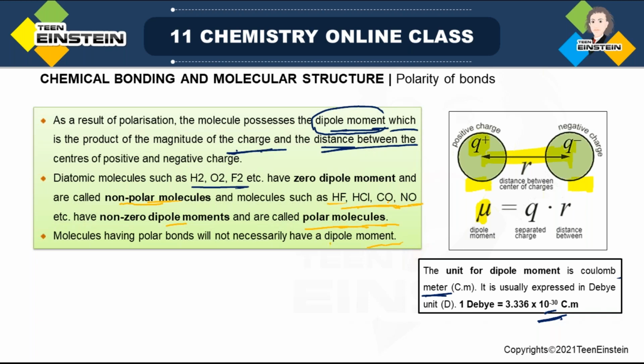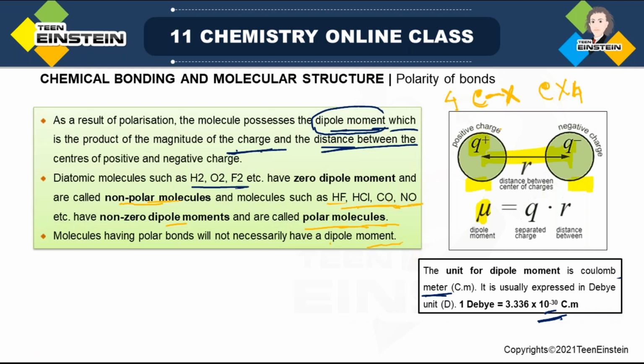But suppose there are more than two atoms, suppose 4 atoms or 6 atoms, then there will be different bonds. So in general, if I am writing CX4, X may be any other atom. That means there are a total of 4 C-X bonds, right? Now individually, if you see carbon and X, there will be some electronegativity difference, and this bond will have some polarity.